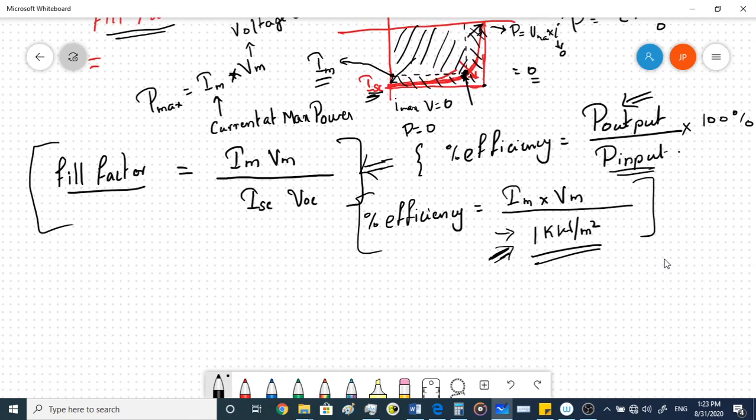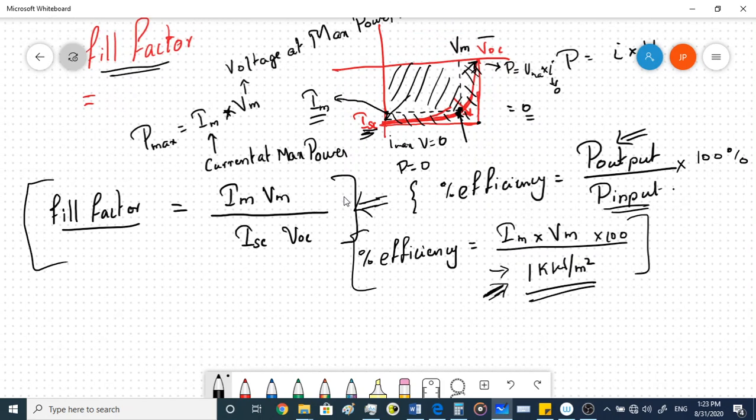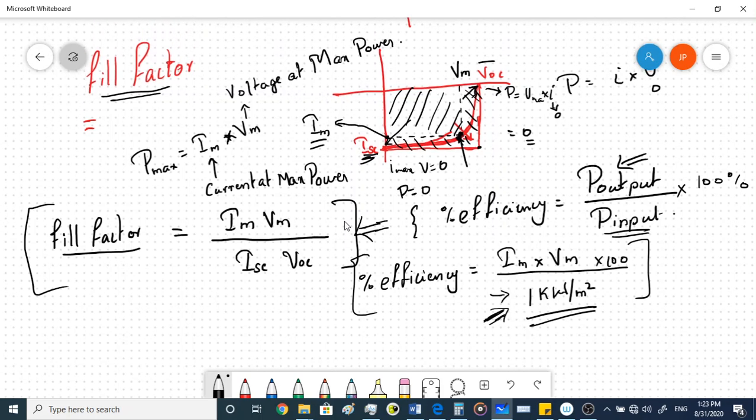Taking 1 kilowatt per meter square is a very rough value, but you will still get approximate values. So into 100 will give you the percentage efficiency. If you don't multiply with 100, you will get the efficiency as a fraction.